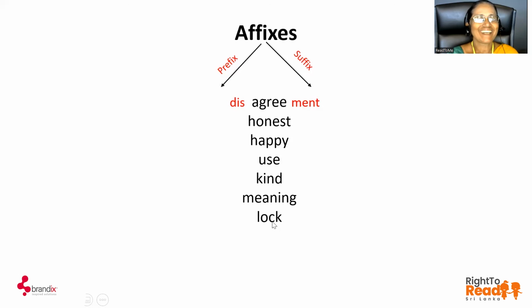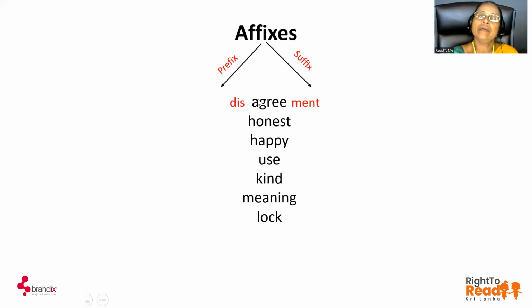Lock. As we mentioned earlier, lock, unlock. It's a verb. Now, I know you are very familiar with word classes. If I say any word, you will be able to say the word class of it. Sure? Yes. Now, this is the homework for you.